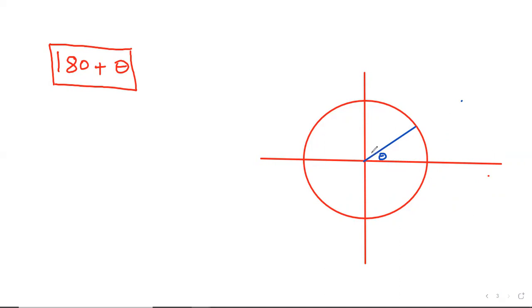This angle here is 180. We are going to add theta to this angle. So the first angle is theta, and the second angle is 180 plus theta, as you see here.